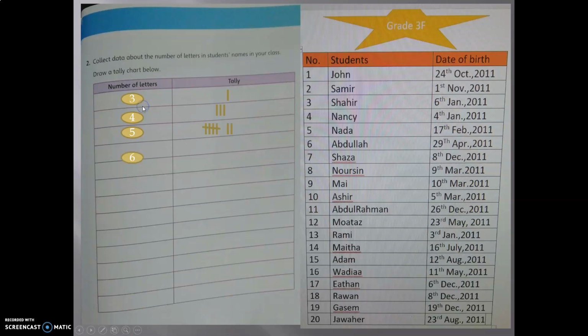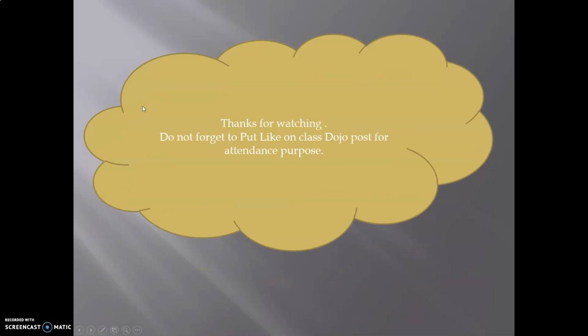Oh, 7. Okay, 6 letters, only 1, or 2, 3, 4, 5. Okay, how many have 7? Okay, 2 only. How many have 8 letters in their names? 1. How many have 9 letters? No one. 10 letters? No one. 11 letters? Only 1. So now we finished our lesson.